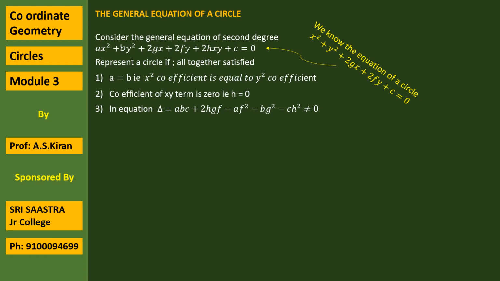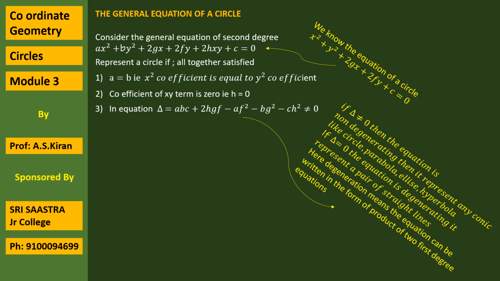What is this condition for? In the theory of equations, this is the condition for degenerating the equation. Now, if delta is not equal to 0, then the equation is non-degenerating.